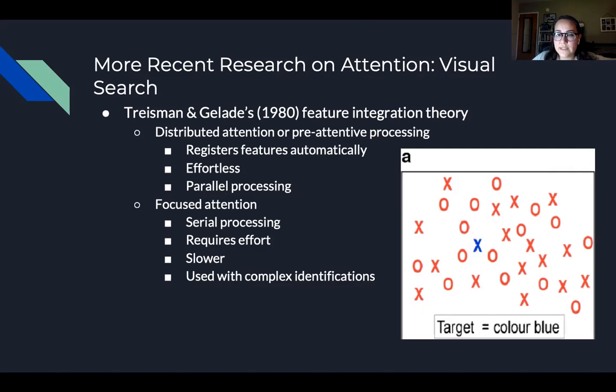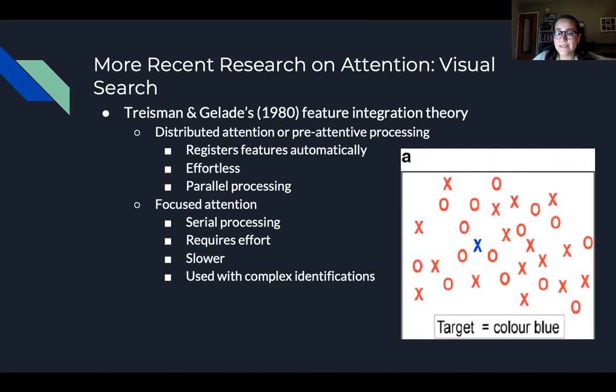In this example, if we're looking for a blue X, the feature of the blue and the X combined really stand out against everything else that is red, even the red X's. The blue really pops out at us. Through their study, they were able to confirm this hypothesis.